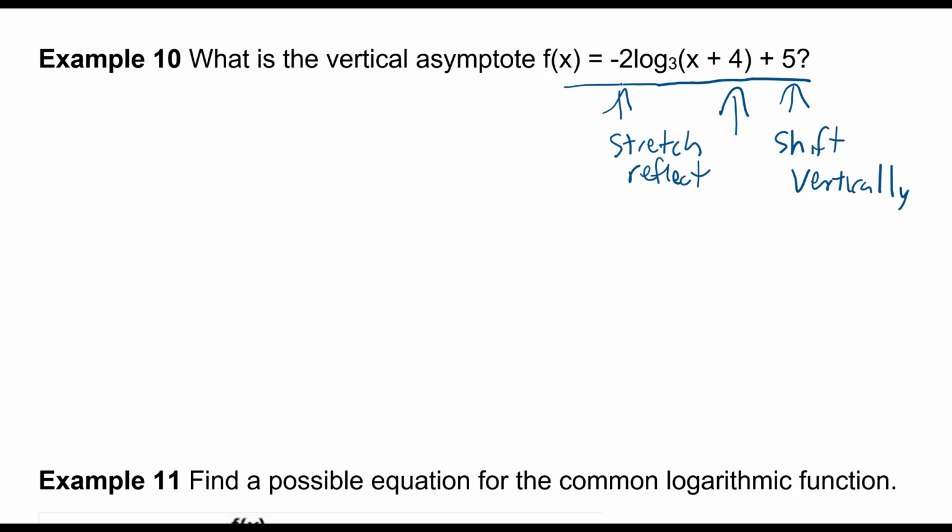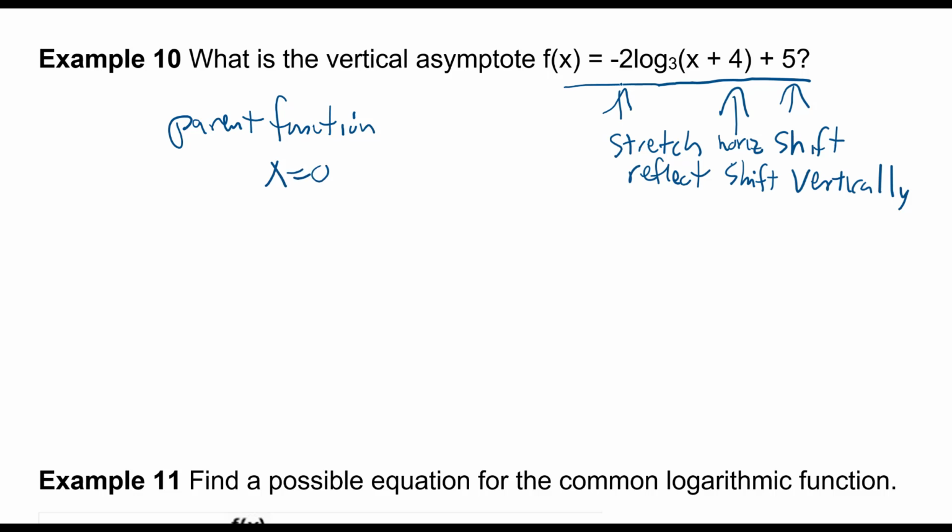But what's the 4 doing? The 4 is going to cause the horizontal shift, and that's what's going to be affecting the asymptote. Normally our asymptote in a standard function, or the parent function we'll call it, is at x equals 0.